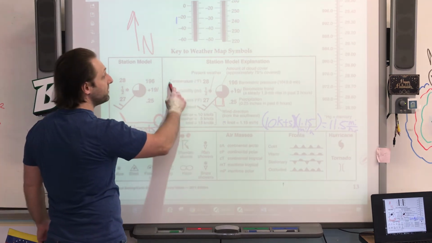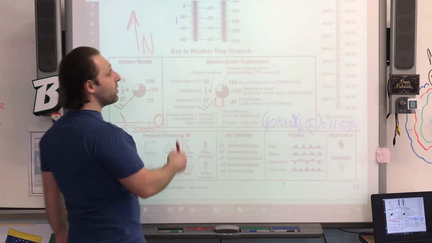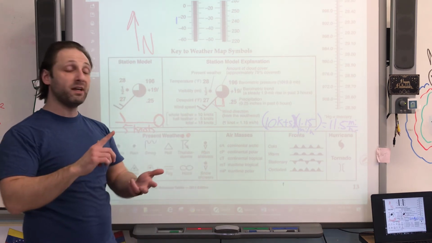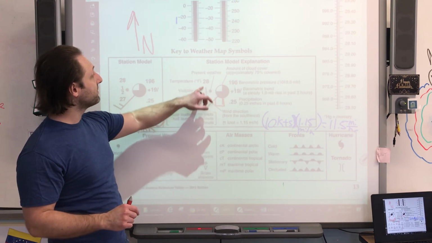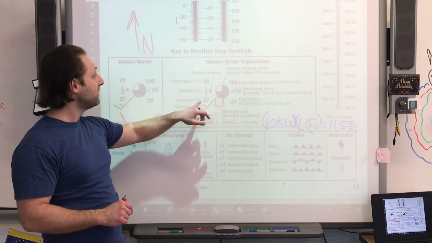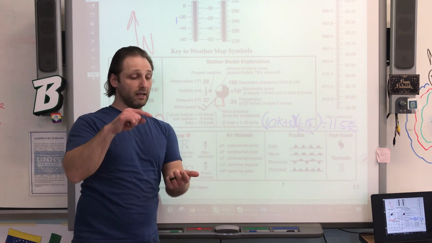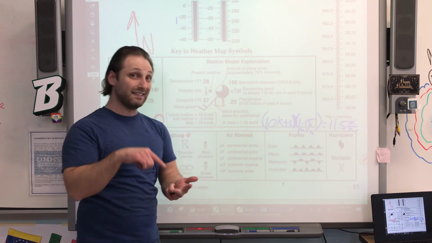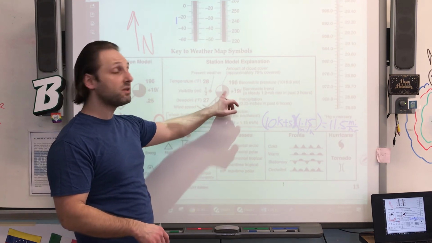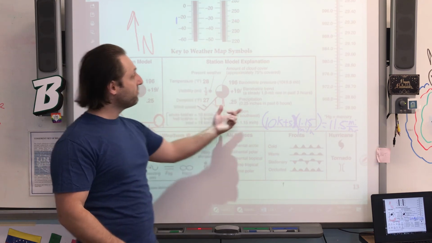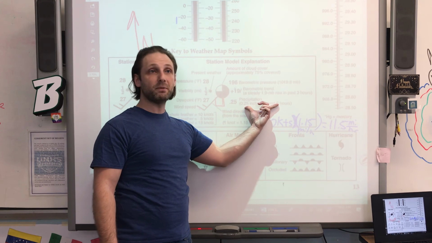Then we have temperature. Temperature is 28 degrees Fahrenheit. If we go back to looking at dew point and relative humidity, and look at these temperature differences, we've got 28 degrees Fahrenheit and 27 degrees Fahrenheit. It's really likely that either it's about to rain again, or it did just start to rain, because it looks like we have some clouds, and we're being told that in the past 6 hours there's been precipitation.